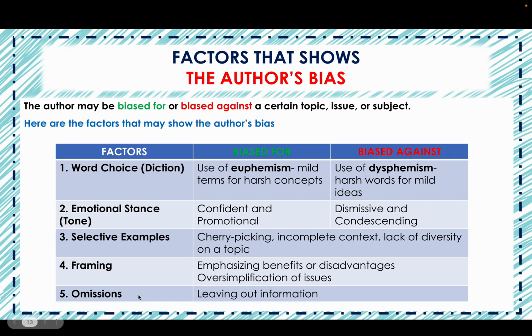And the last one is omissions. When we say omission, it's leaving out information. Just like cherry picking, if you feel that the text is not acknowledging the other key points of a topic, then probably the author is leaving out information.